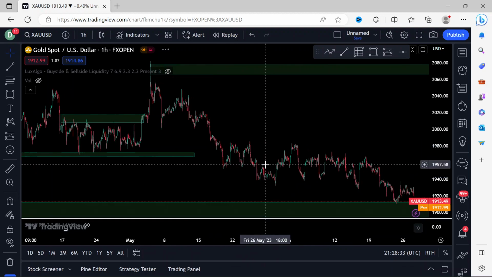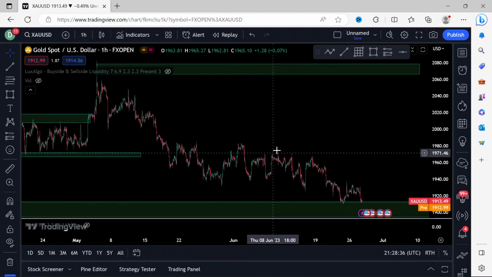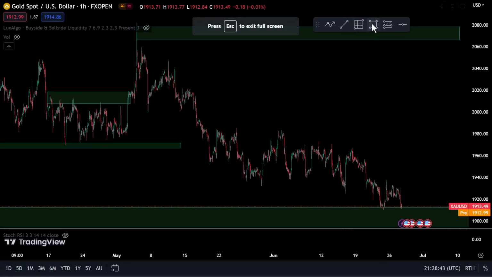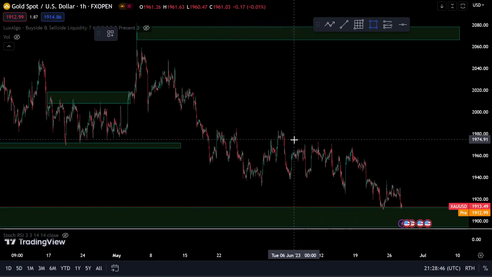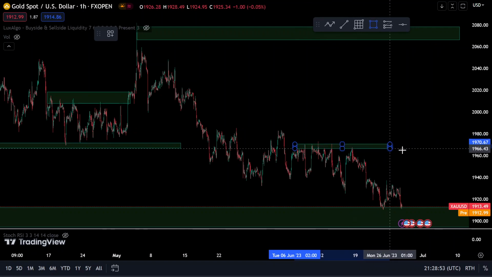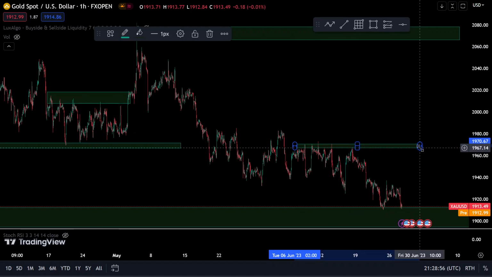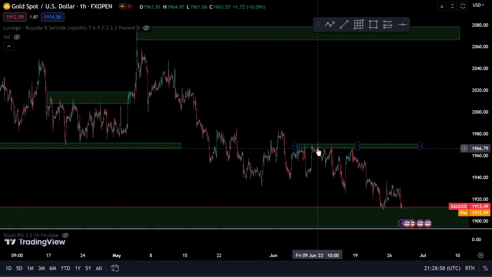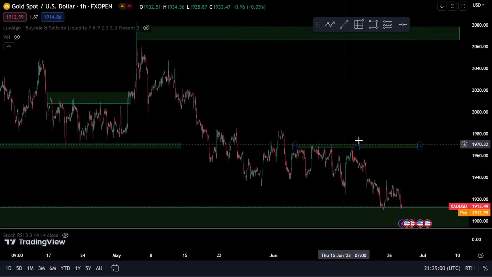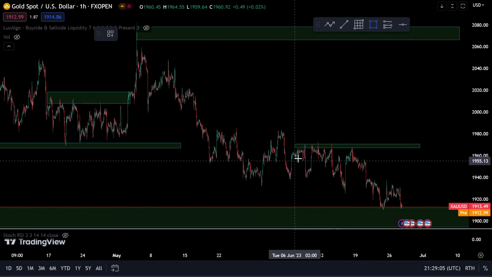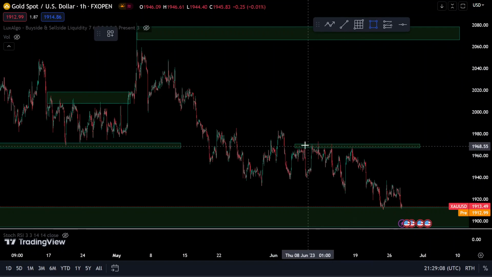And so we can then find other ones here, as price made these significant reactions, failing to break this zone, which we can consider as our resistance, where price tested or reacted so many times.